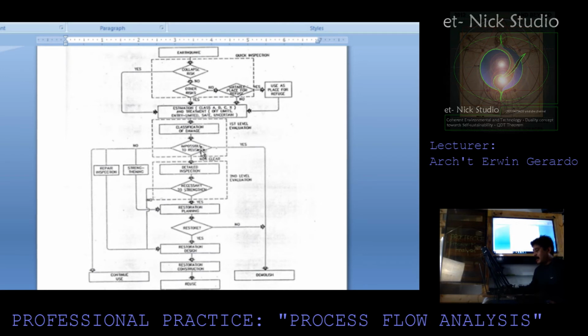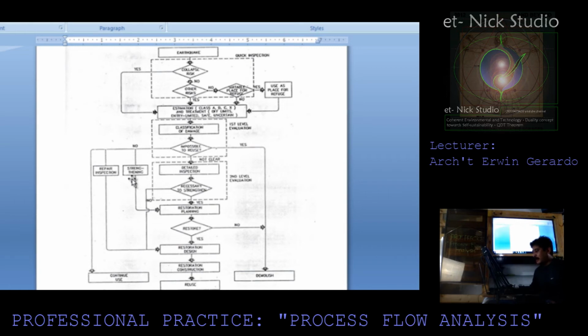So another question here is: is it impossible to reuse? No. So strengthening, meaning it will undergo once again the restoration plan until we are able to strengthen the structure and it is ready for reuse once again.